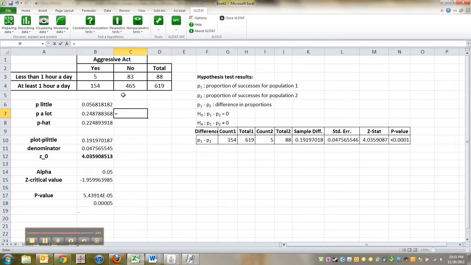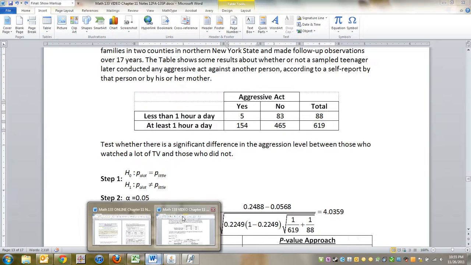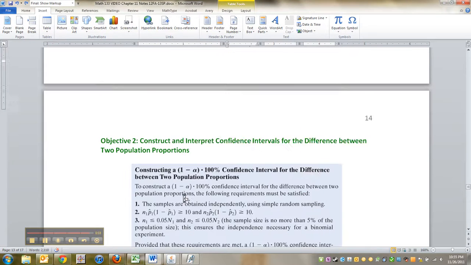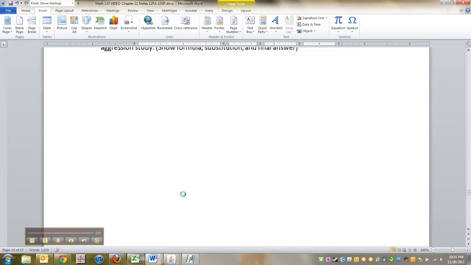If I take n1, which is 88, times, actually that was n2 for us, but that's okay, times p1, which is this one, the little, times parentheses 1 minus p1, there, it's 4.7, not over 10 like it was supposed to be. So that actually creates problems for us, and I just didn't get into it because I didn't want to at the time. So those were all the issues that you'd have to address if you were going to write this up.